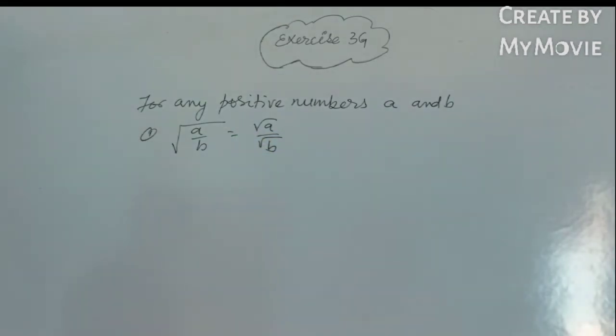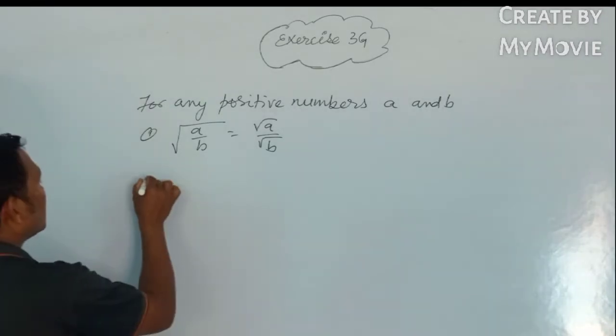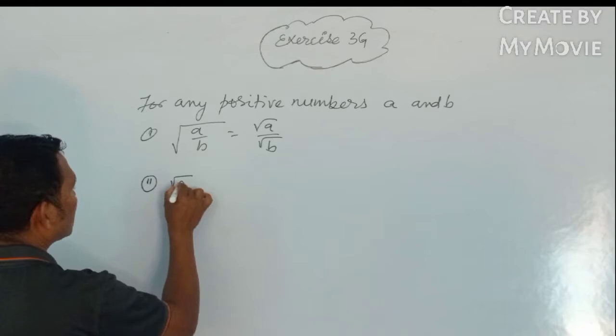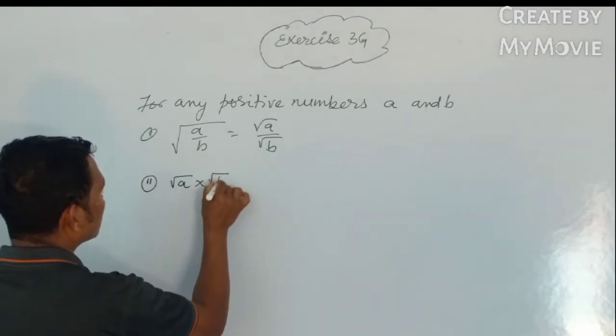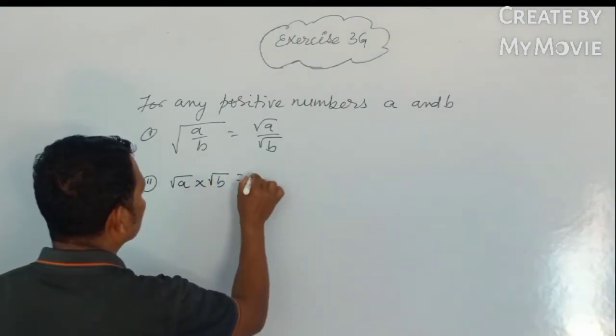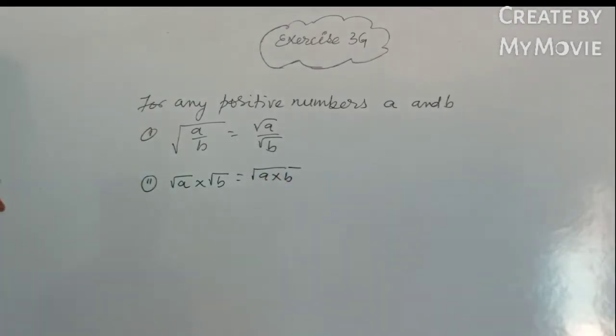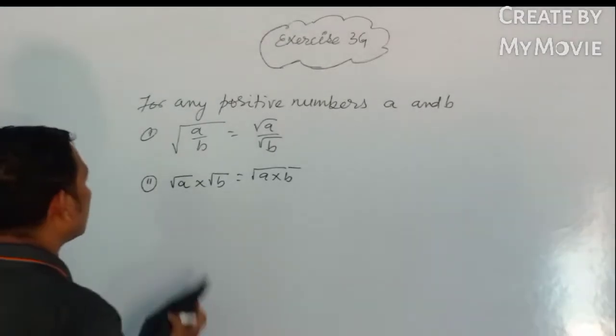This is the first formula that you should know. Second formula is square root of a into square root of b is equal to square root of a into b. So learn these formulae.